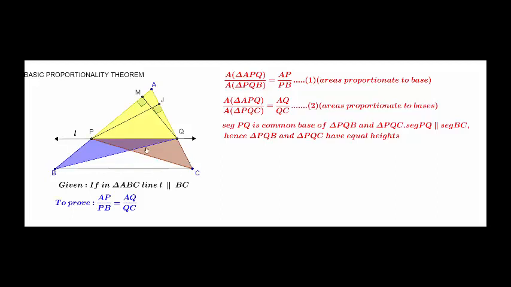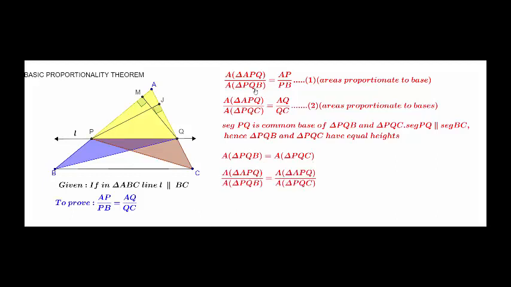So the height of these two triangles is going to be equal and the bases are also common, which will lead to concluding that the area of triangle PQB and PQC will be equal. So this will be our third statement. Area of triangle PQB is equal to area of triangle PQC.